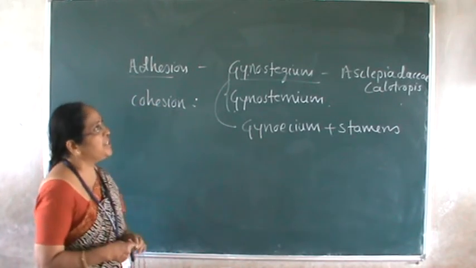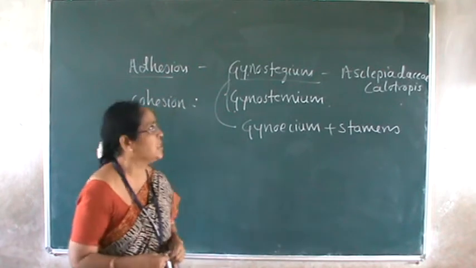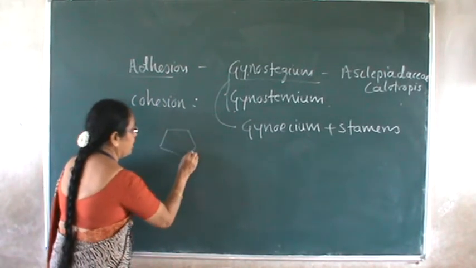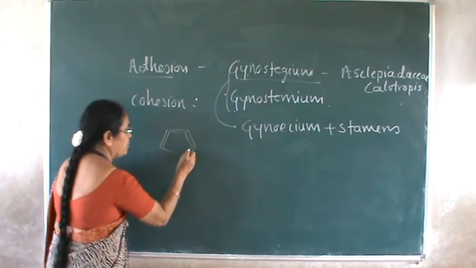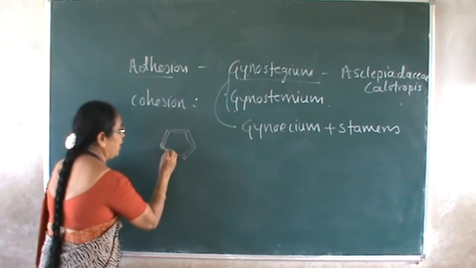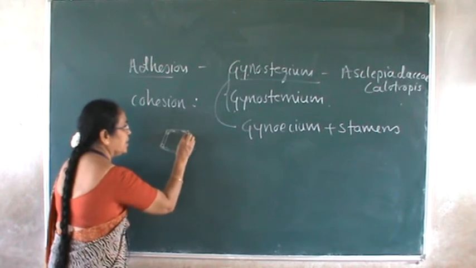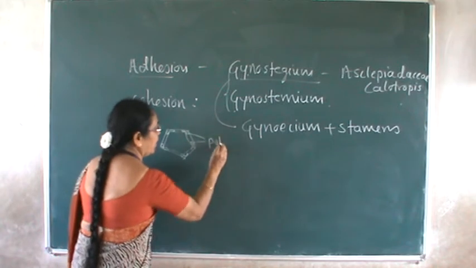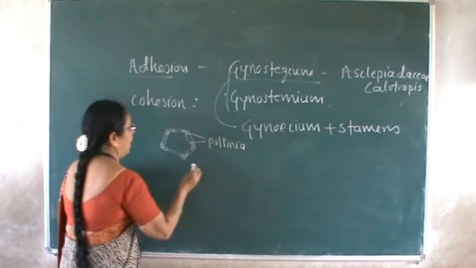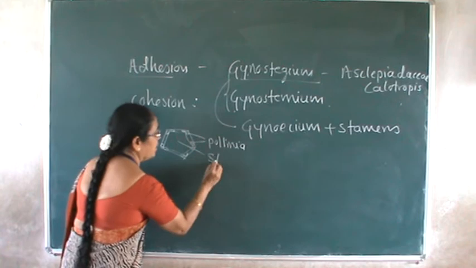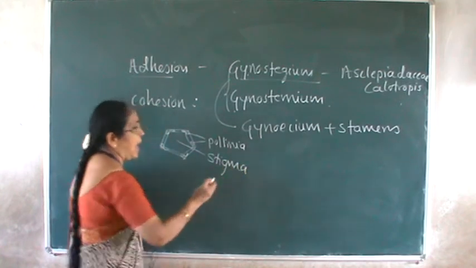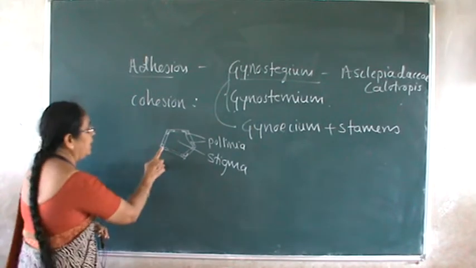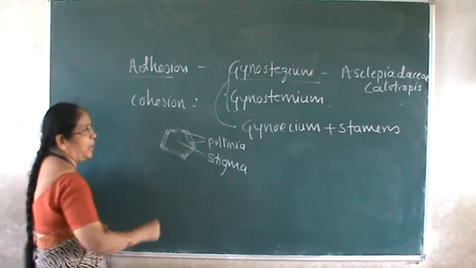Gynostegium is found in Asclepiadaceae members, where there is a pentangular stigmatic disc over the top of the Calotropis flower, and at the 5 corners of the stigmatic disc you will get 5 pairs of pollinia scattered. This is the hard pentangular stigmatic disc on the top of the Calotropis flower, and at all the 5 angles you will find 5 pairs of pollinia.